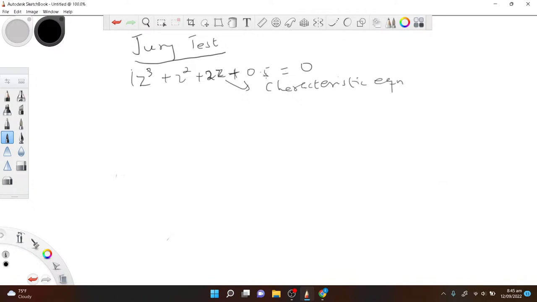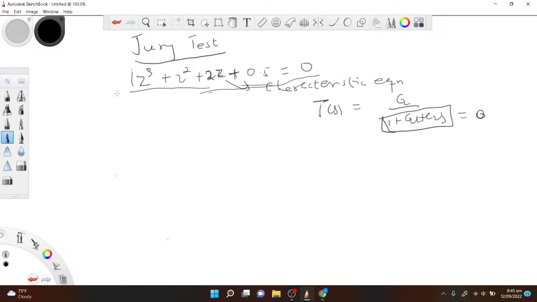It might not be given to you like this. Maybe they'll give you a block diagram, and then you find your transfer function as, let's say, G over 1 plus GH of z. Then that 1 plus GH of z you equate to 0. That will give you an expression in this form. Then use that for your jury test.